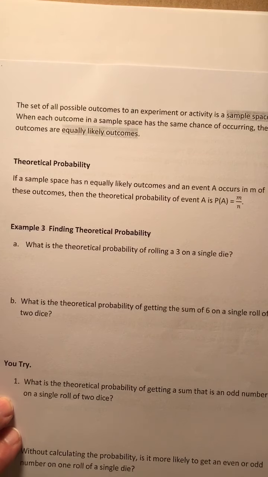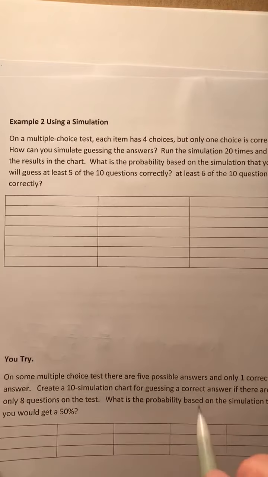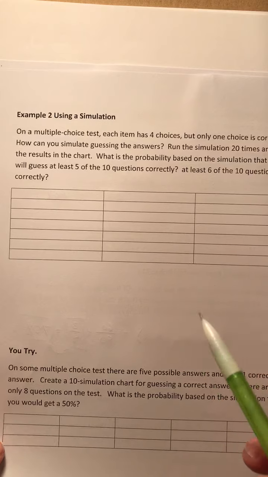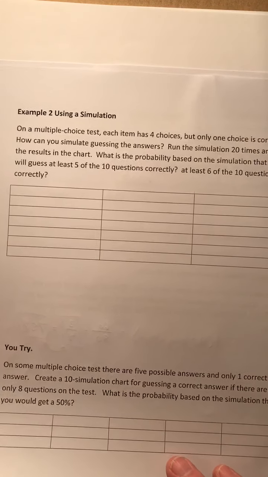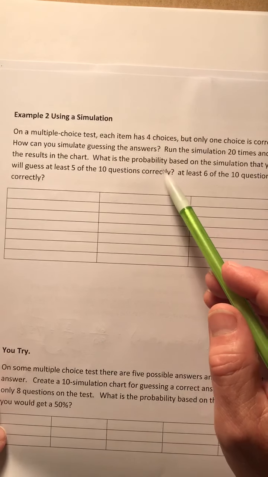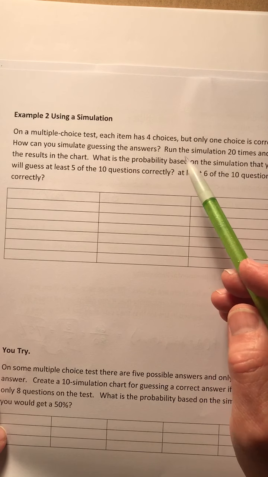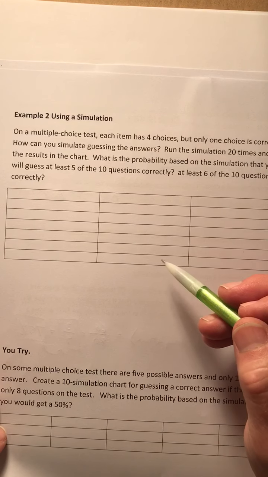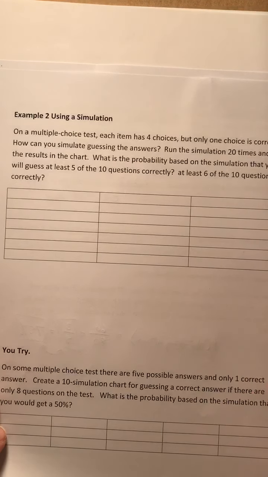So the next thing we're doing, example 2, was a simulation method. We're not going to do this because you really need the graphing calculator to do it. Just be aware of the different ways you can simulate something happening. You could put numbers in a hat. You could make a wheel and spin to get the different things.